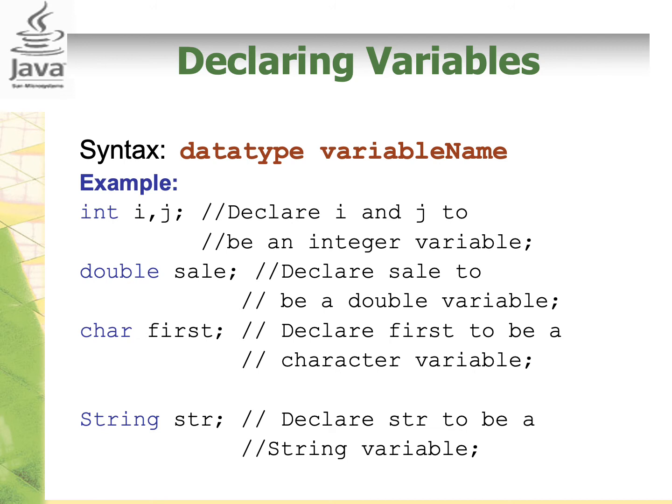To declare several variables, we can write it in several lines or within one line. If they are of the same data type, we can write it within one line as shown here, int i, j. If we want to write it within 2 lines, we will write int i semicolon and then in the next line, int j semicolon.